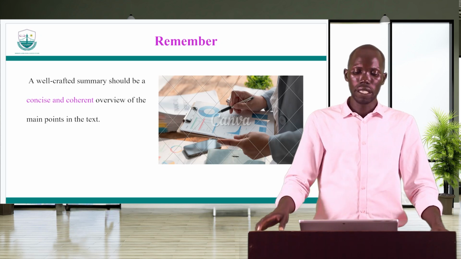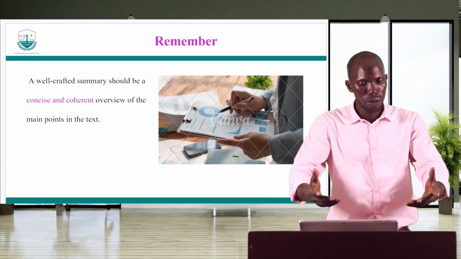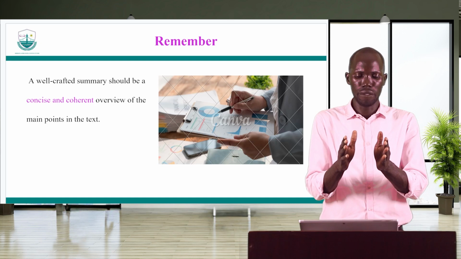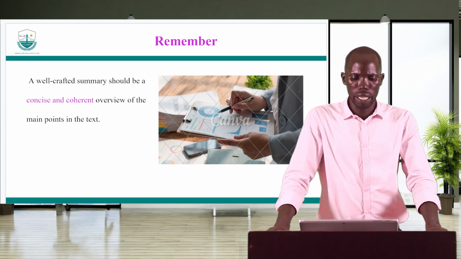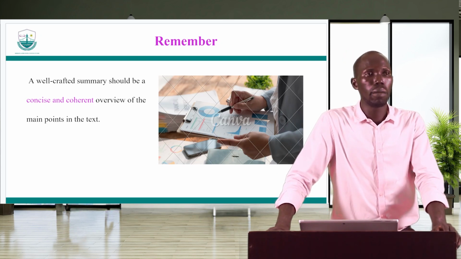Remember, a well-crafted summary should be concise and coherent. So, if you're going to write a good summary, be brief. Summary is writing in a brief or condensed manner. You should be concise and coherent in your presentation of the main points.